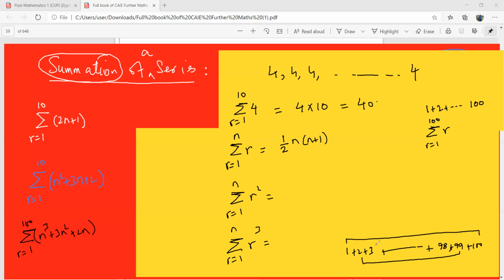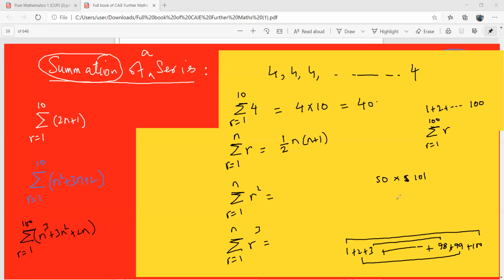He told his teacher that, look, sir, there are 50 such pairs which have a sum of 101. What is 1 plus 100? That is 101. What is 2 plus 99? That is 101. So this is going to be 50 times 101.